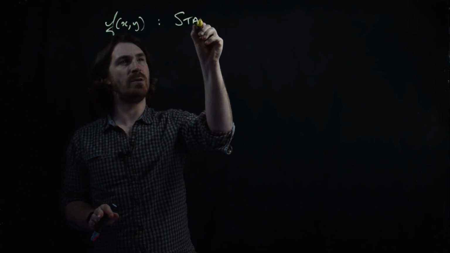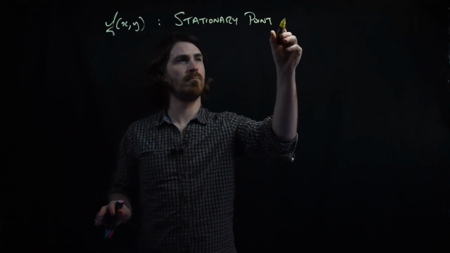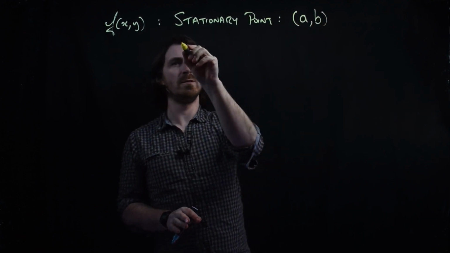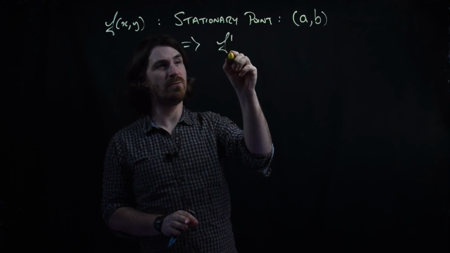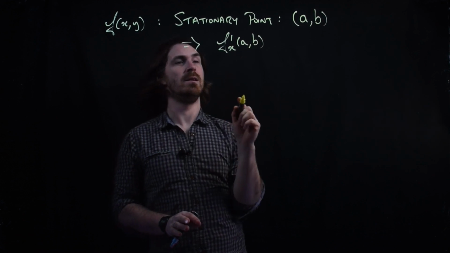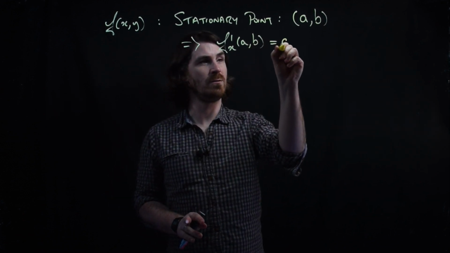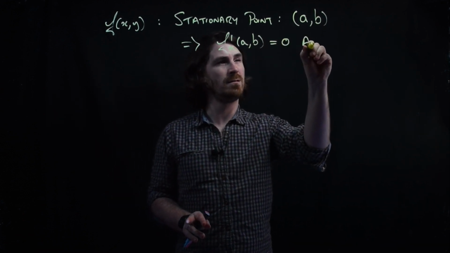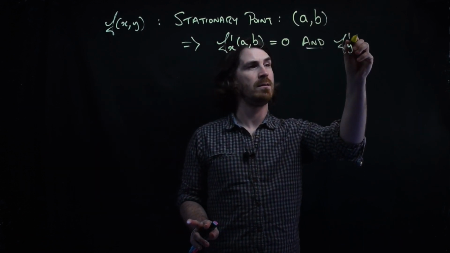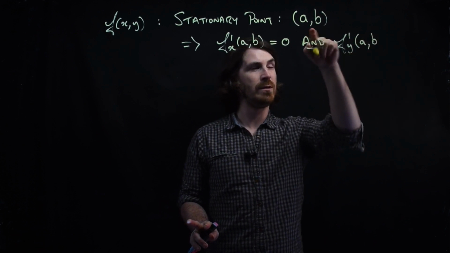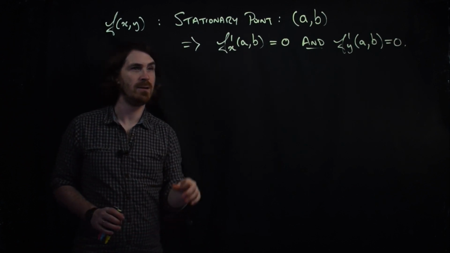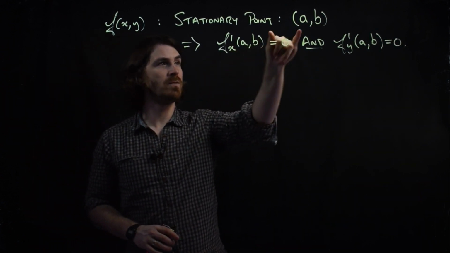So if the stationary point is (a, b), this means that the first derivative of the function with respect to x at this point is equal to 0, and the first derivative of the function with respect to y evaluated at this point (a, b) equals 0. I.e. the function is not changing at this point (a, b).